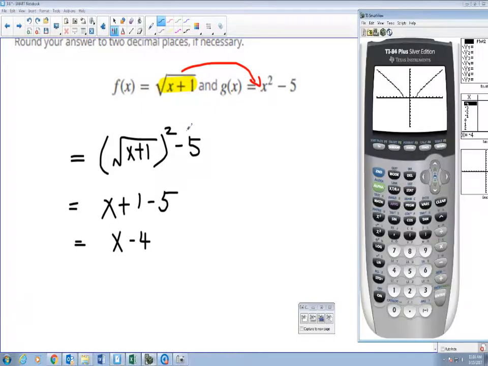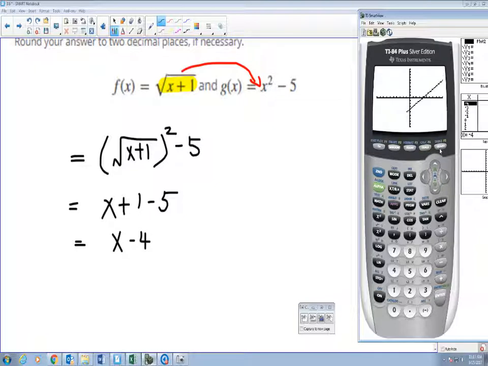Okay, now check it out. I'm going to graph the original part that I first wrote out. Slope is 1, y-intercept at negative 4, by looking at my final simplified part. So if I do parenthesis, square root of x plus 1, close parenthesis for my square root, close parenthesis for my first term, whole thing squared, minus 5.